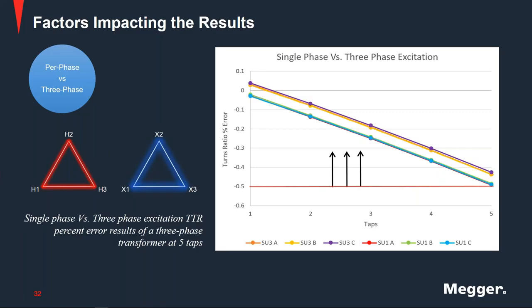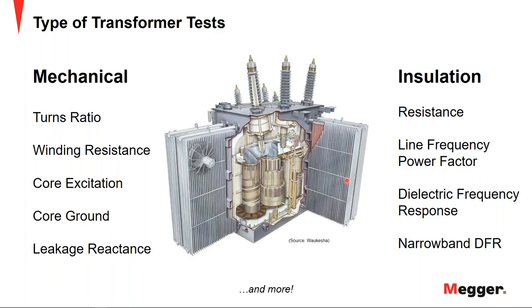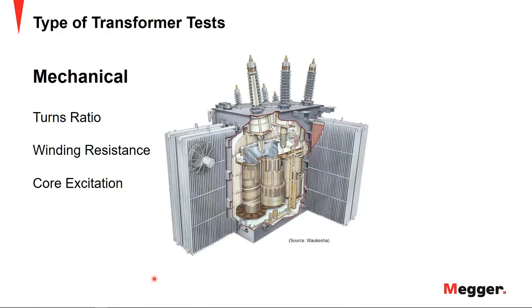I will give you an example. If you're testing a small dry type transformer and you apply too much voltage, you may lead to higher excitation current, and that can give you an error message, excitation current too high, or in some cases the losses taking place because of excitation current may impact the accuracy of the reading.